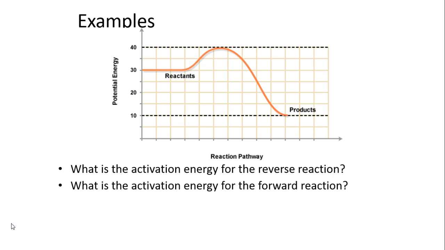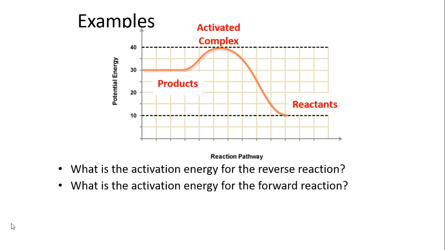What is the activation energy for the reverse reaction? Okay. So reverse reaction, those are no longer products. These are reactants, and these are products. We want the activation energy, so we also need to know where the activated complex is. It's at the top of the hill.